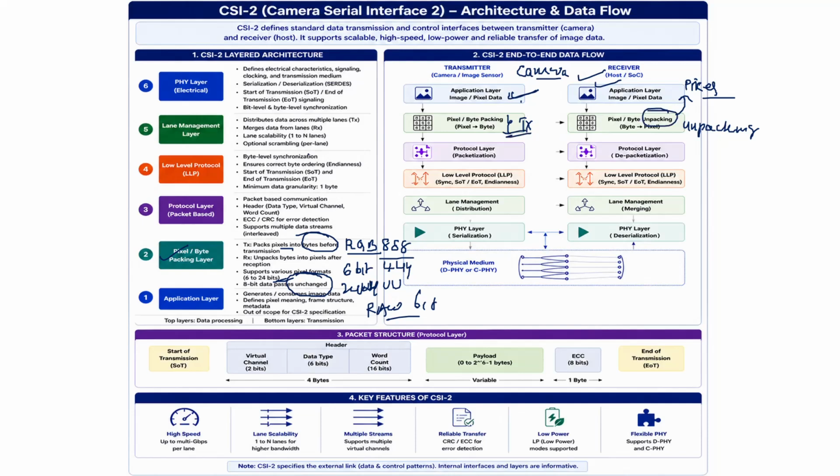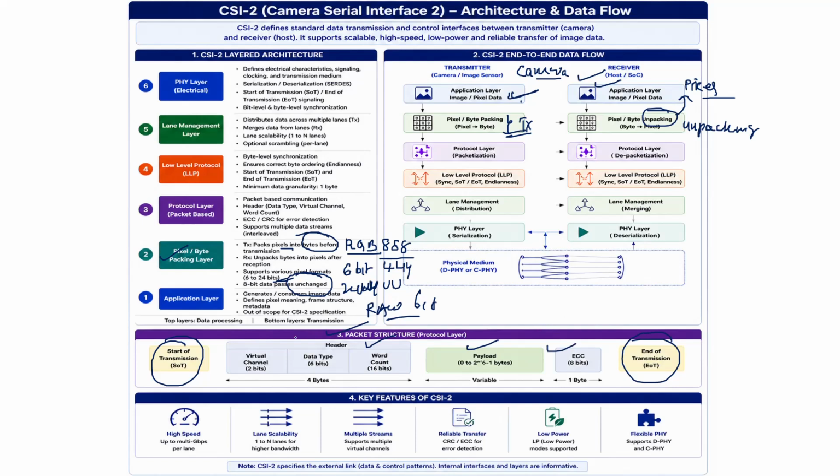And then the protocol layer. In this protocol layer we have packet based transmission. This is the packet structure: where we start the transmission, the start of transmission, and where we end the transmission, the end of transmission. In between them we have the header, payload, and error packets.